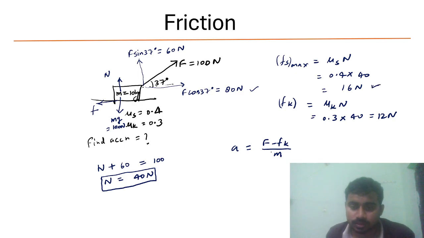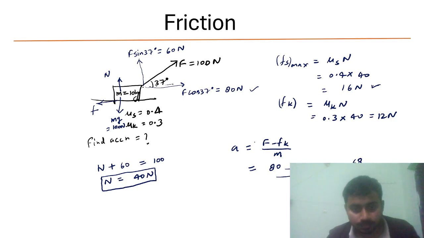So from comparing this, we can say that there will be an acceleration on this body, because the force applied is more than the static friction value. So F is 80 Newton in this direction, and there is a kinetic friction of 12 Newton, divided by 10, that is 6.8 meter per second square.